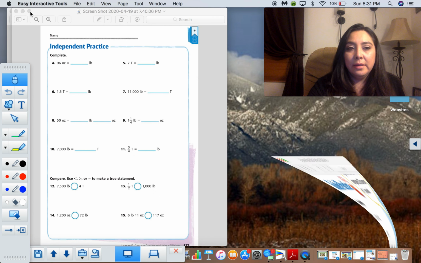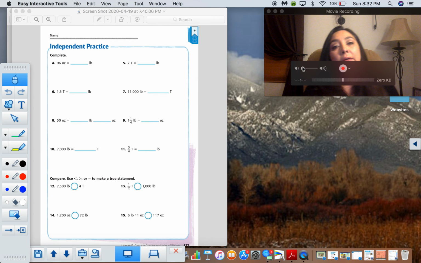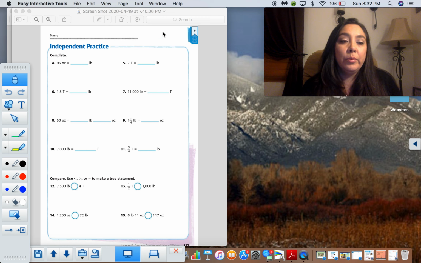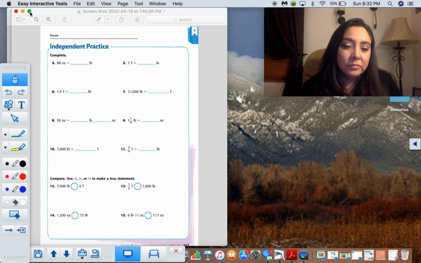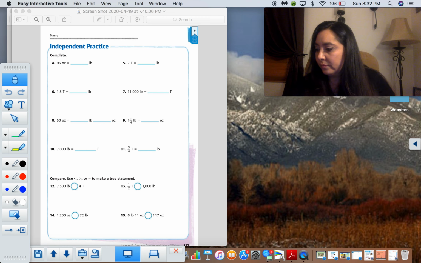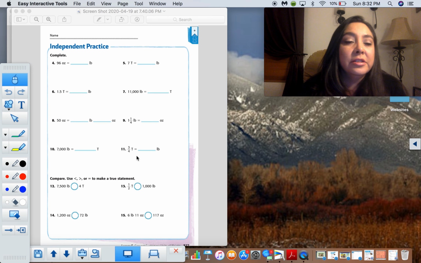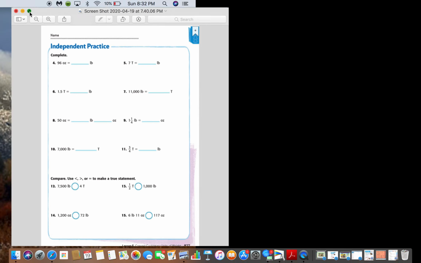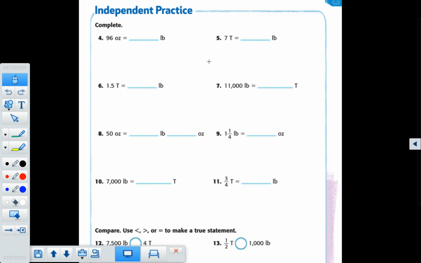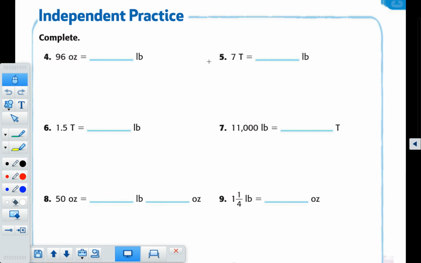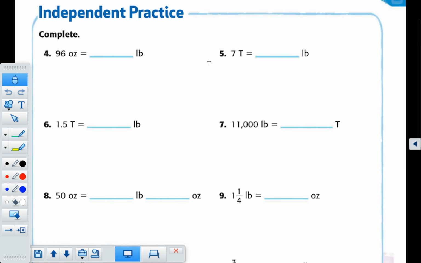Let's move on to the next page. Now, these are the problems that you're going to work on your own. I'm going to enlarge this page so you can see a little bit better. All right. Now, let's just talk about this for a minute. I'm going from ounces to pounds.